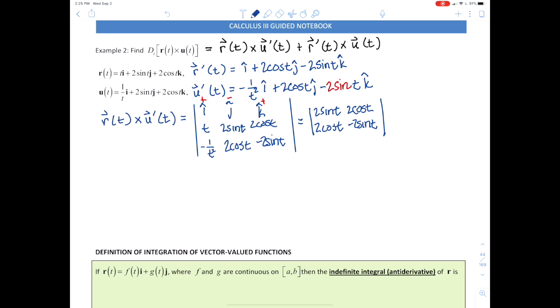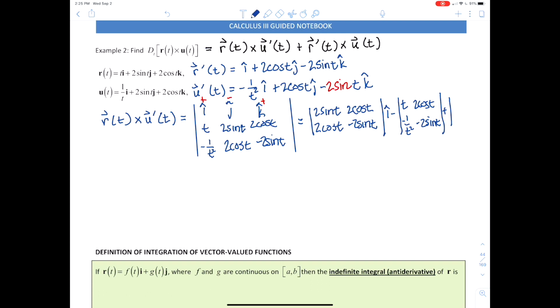And that's going to be times i minus, and then when I expand about j, we'll have the determinant t, 2 cosine t, and then negative 1 over t squared, and then negative 2 sine t, and then plus k, so plus this determinant, and I'll put k on the right.